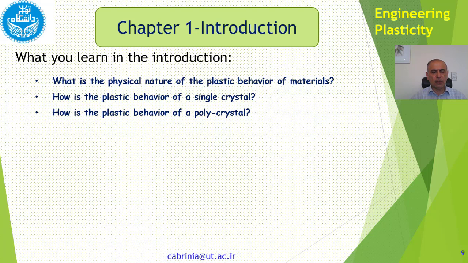Polycrystalline metals are in fact the real materials that you see every day, and we use them in many products. So we want to know how plastic deformation occurs in a polycrystalline metal.